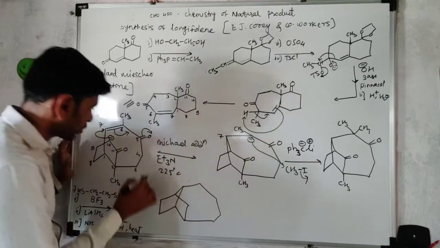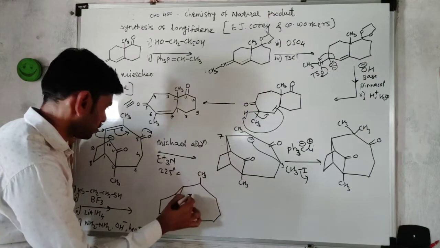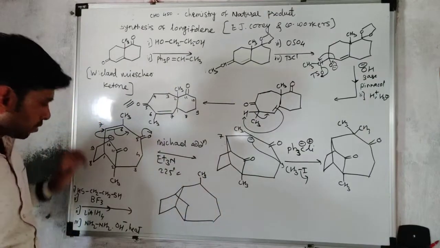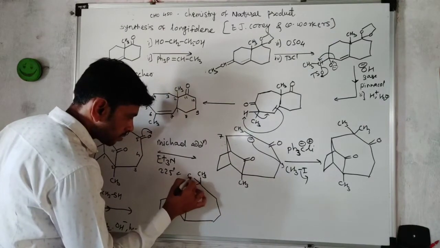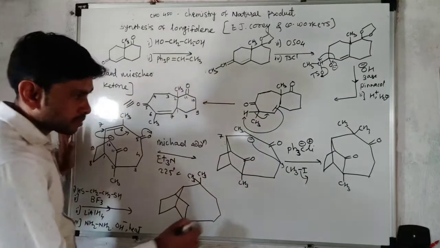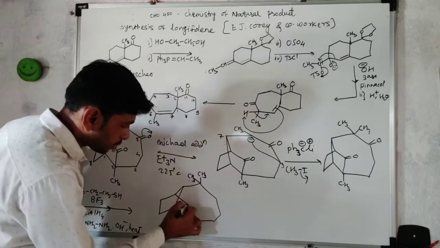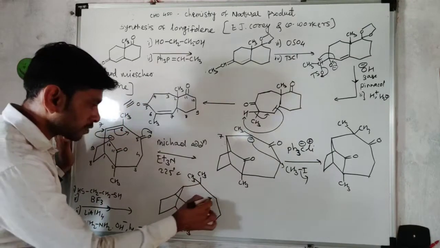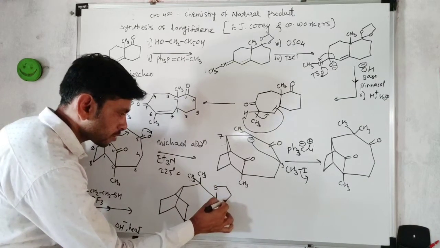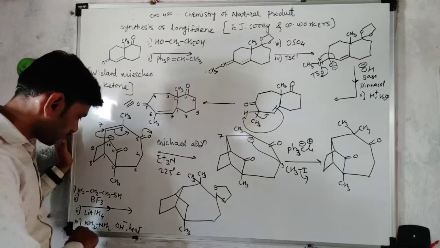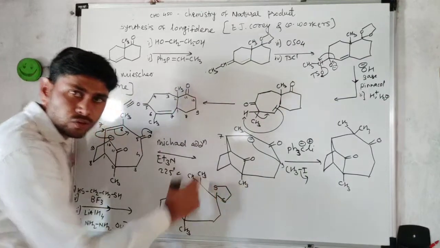See here, this CH3 remains as it is. This CH3 group here, from this as it is, another CH3 group is here as it is. This CH3 remains as it is. Now this carbonyl is first converted to thioketal, this type of conversion, and when we use NH2NH2 and OH minus, there is removal of this and introduction of hydrogen.